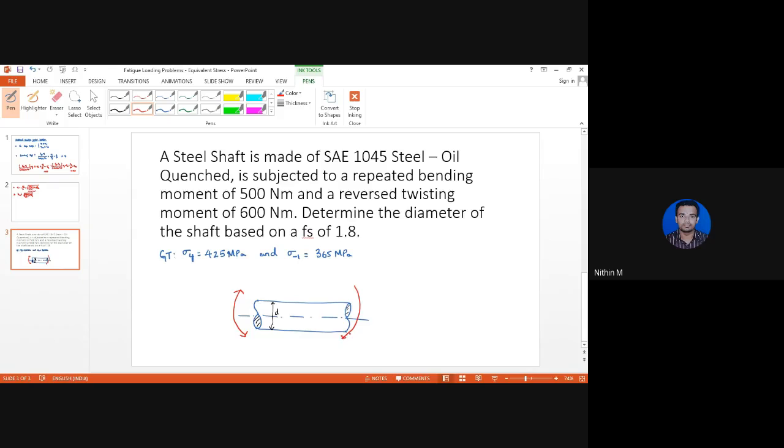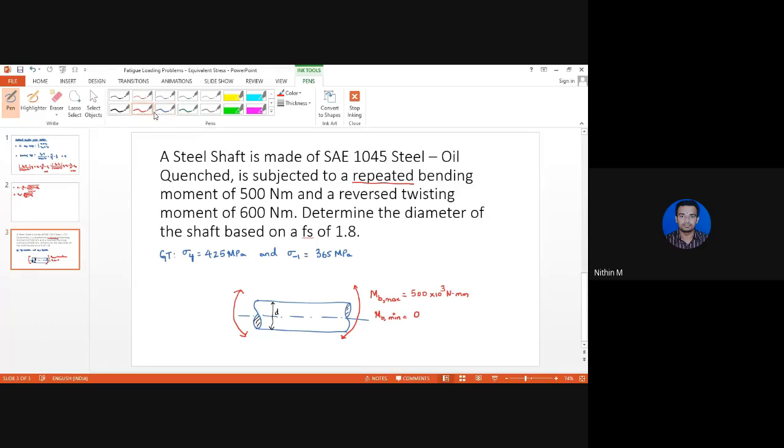What do you mean by the bending moment being repeated? Always remember, repeated indicates it is varying from 0 to a certain value. So the maximum bending moment is 500 into 10 to the power of 3 Newton millimeters, and the minimum bending moment is 0 because the load is given to be repeated.